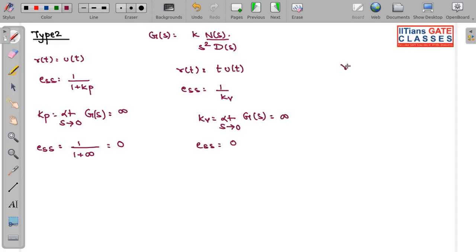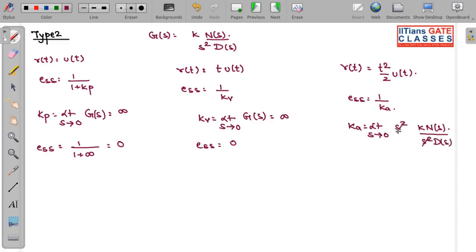Now last, if your input is parabolic, then ess will be equal to 1 by Ka, where Ka is equal to limit s tends to 0 s square K N(s) by s square D(s).